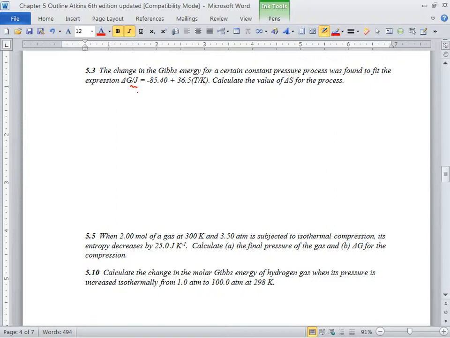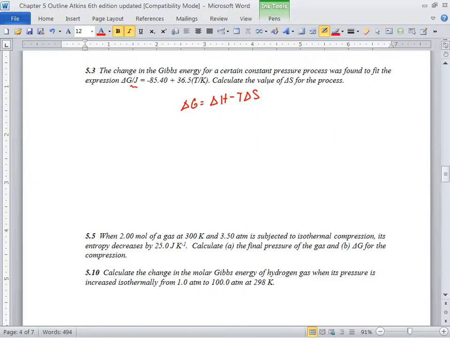Find delta S for the process. So how is change in entropy related to Gibbs? Delta G equals H minus T delta S. Yeah, but I would keep looking.